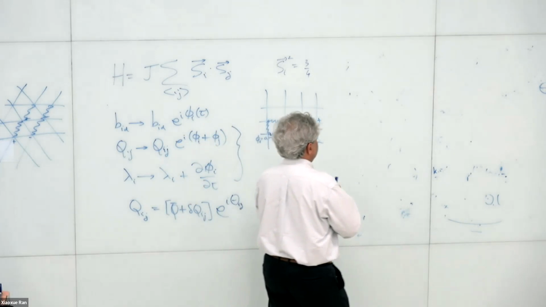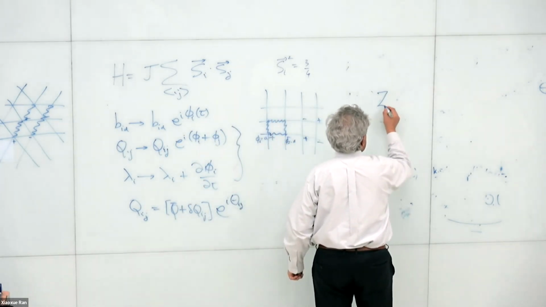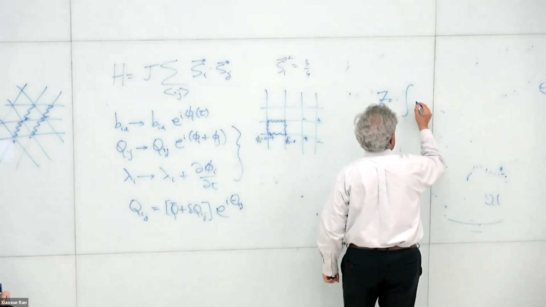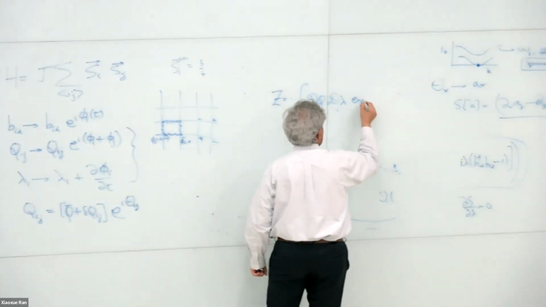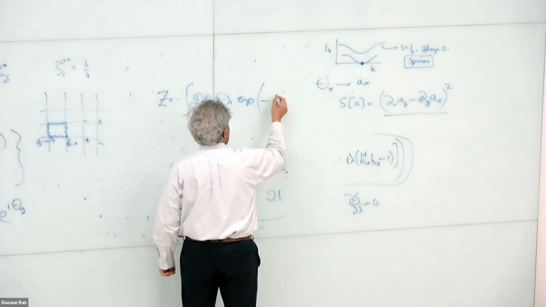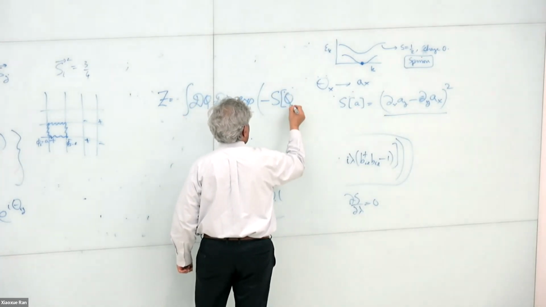So I had the integral DQ, D lambda, exponential of minus some action of Q and lambda.